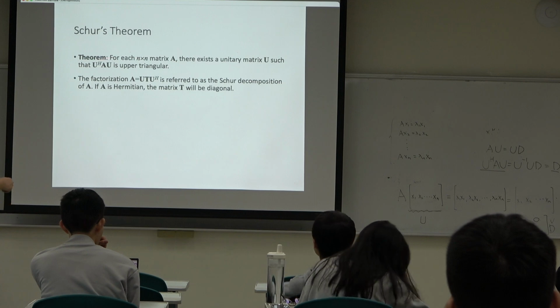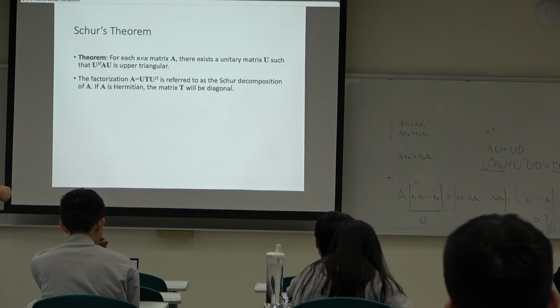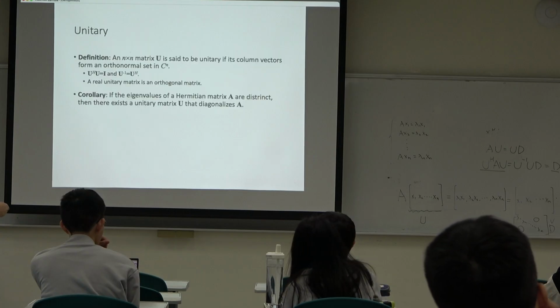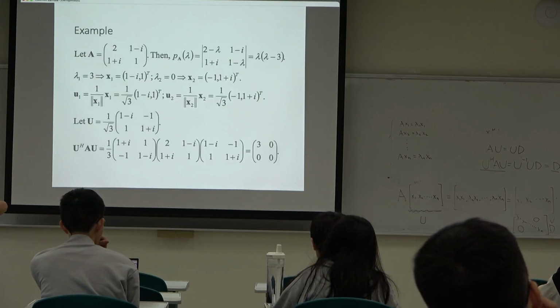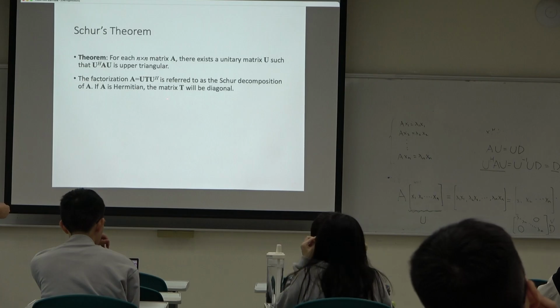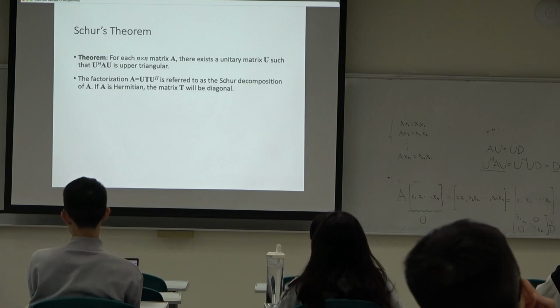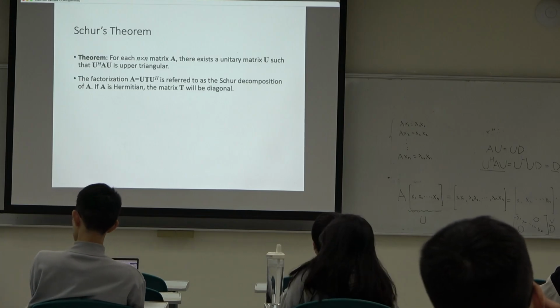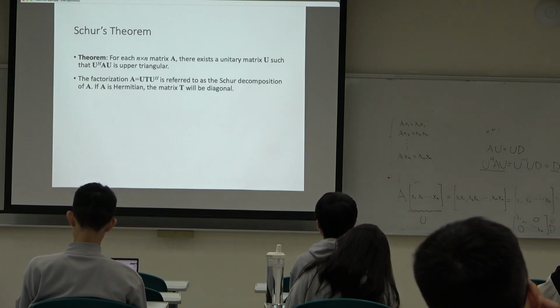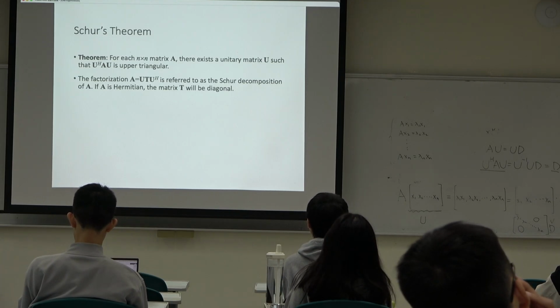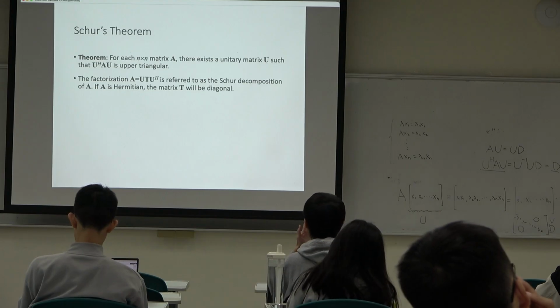Okay, so this theorem is different from the previous one in the sense that this works for every n by n matrix A. Okay, any n by n matrix A. It doesn't have to be unitary. Sorry, it doesn't have to be Hermitian. It doesn't have to be Hermitian.